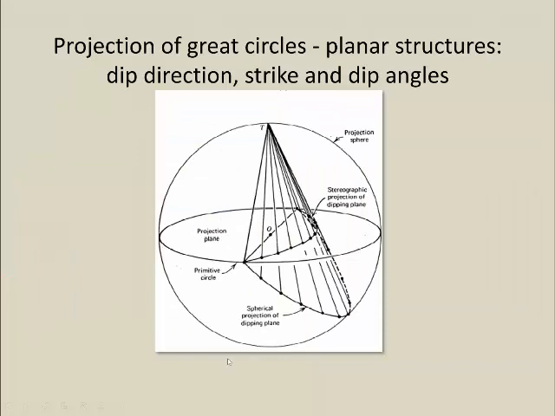Now let's have a look at planes. Again, here in this graphics, we see the Stereonet, the equatorial plane. We see here the lower hemisphere. And we see here our observation point, and this diagram also shows the upper hemisphere.